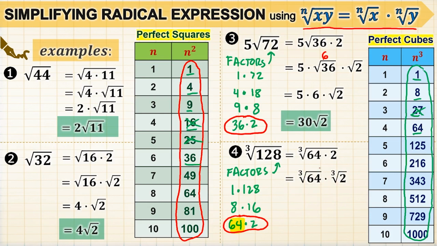That means we can simplify or get the cube root of 64. Yan, ang cube root ng 64 ay 4. So we can say that 4 times cube root of 2 na lang yung matitira. And if we multiply them, we will end up having the final answer which is equal to 4 cube root of 2. Gets po?